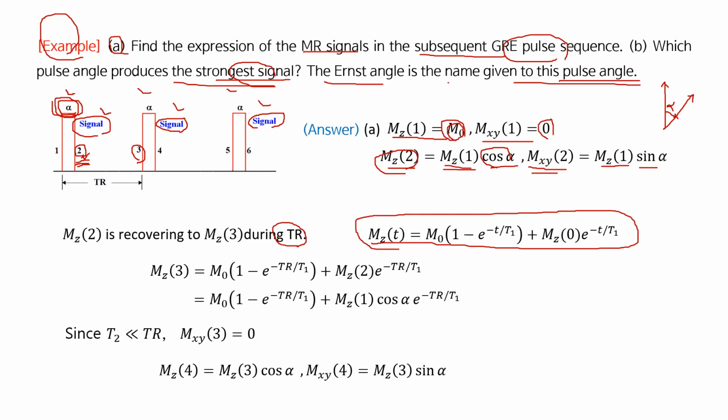So Mz3 here, at this point. Longitudinal magnetization recovers from Mz2. The time interval is TR. So you can get this expression.